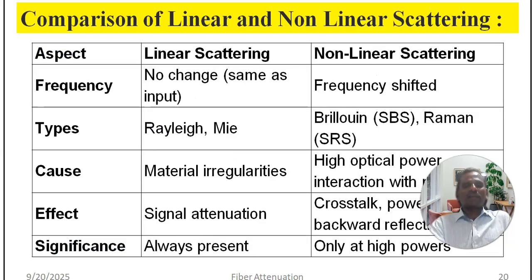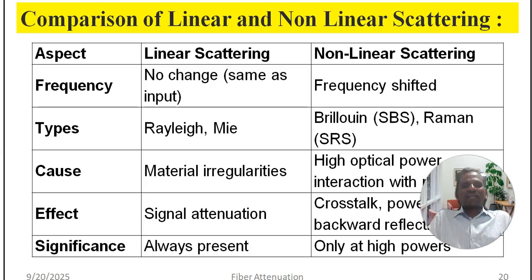And now a comparison of linear and nonlinear scattering. For linear scattering, the frequency is not changed, whereas in nonlinear scattering, the frequency is shifted. Here Rayleigh scattering and Mie scattering are the types of linear scattering, and Brillouin and Raman scattering are the types of nonlinear scattering. Linear scattering takes place because of material irregularities, whereas nonlinear scattering takes place because of high optical power interaction with the medium.